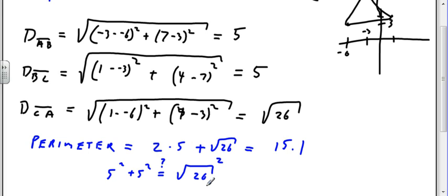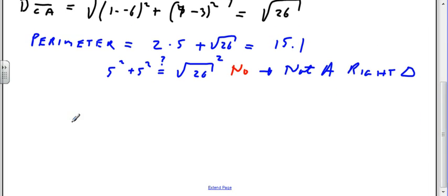The answer is no, which implies not a right triangle. If I could spell right, which I can't, obviously. All right, that's better. Right triangle. So it's not a right triangle, but it is in fact an isosceles triangle.